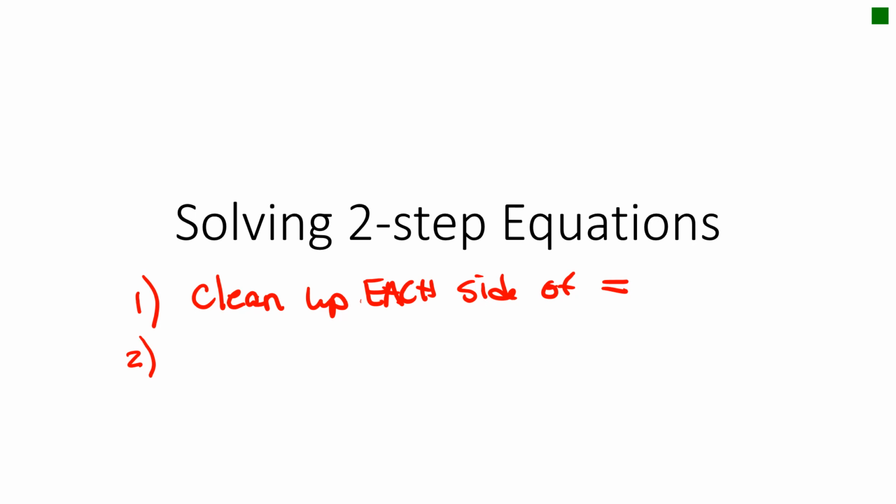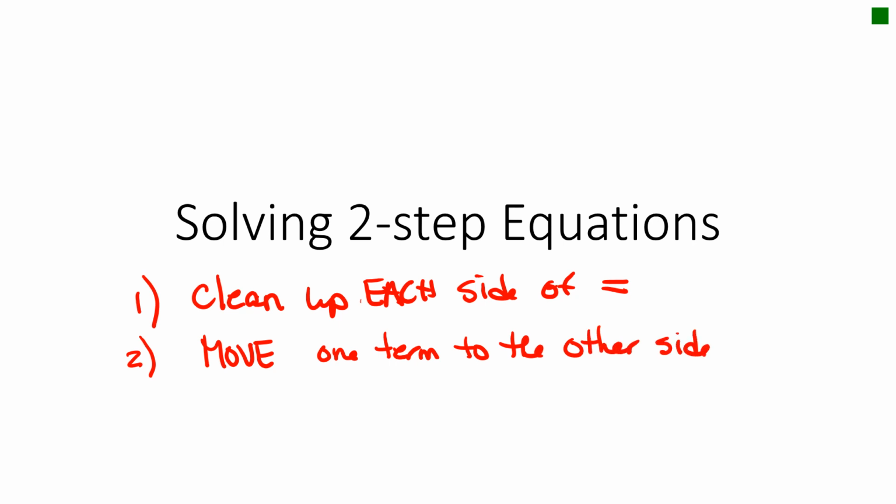number. The second thing we're going to do is move, these are the words you're going to hear me say, move one term to the other side. To do that, you're either going to use addition or subtraction.